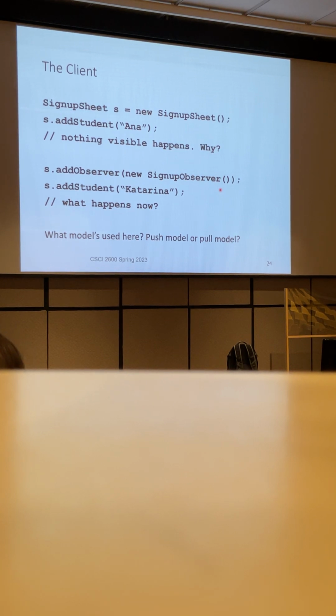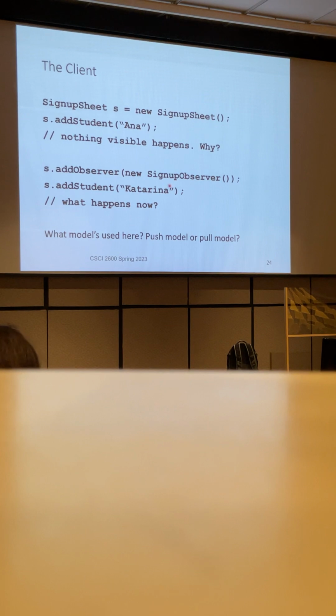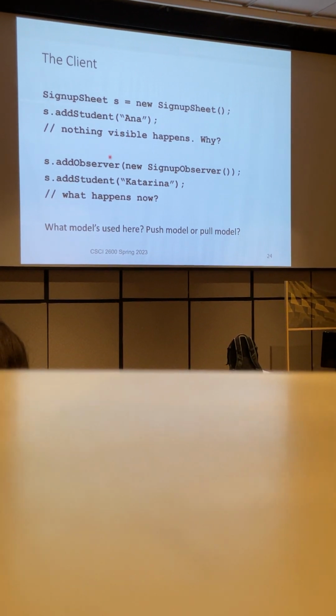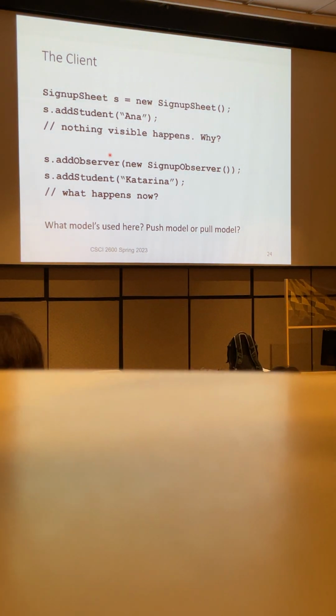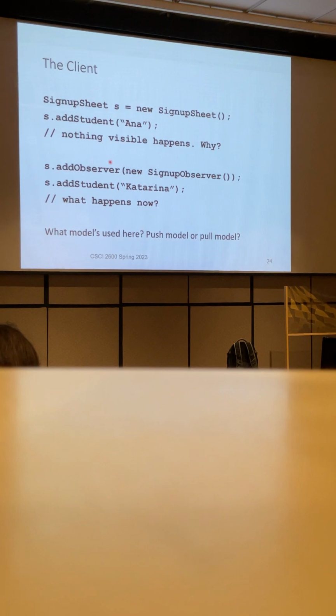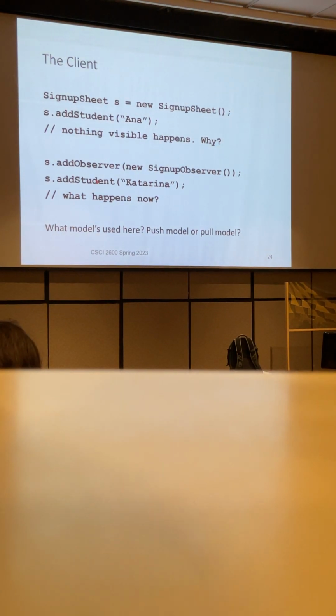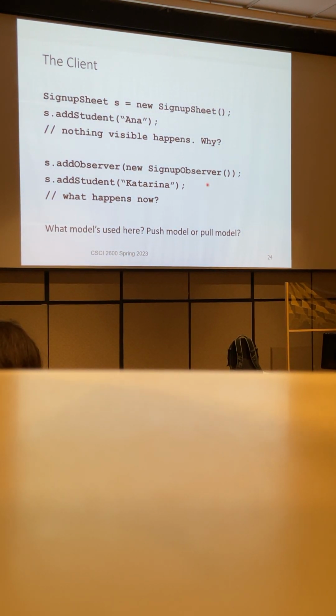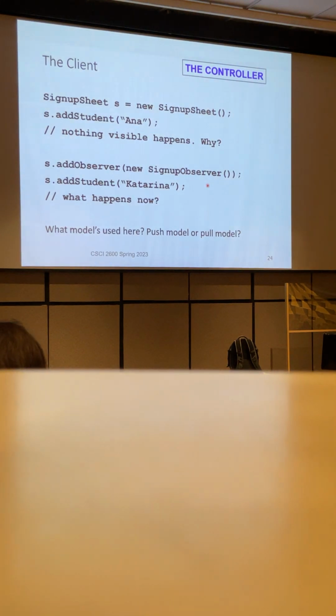If the model doesn't have any observers listed that it needs to notify, then it's not going to notify anyone. So it's crucial that an observer is actually added to the internal list of observers that the model, our observable, maintains, and then when we add a student, it's going to work.